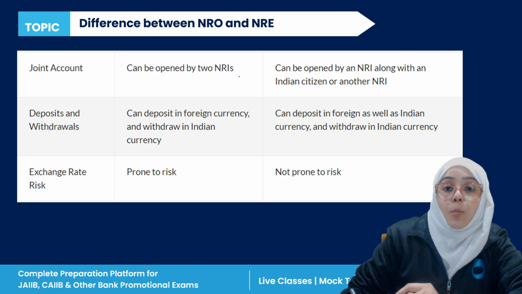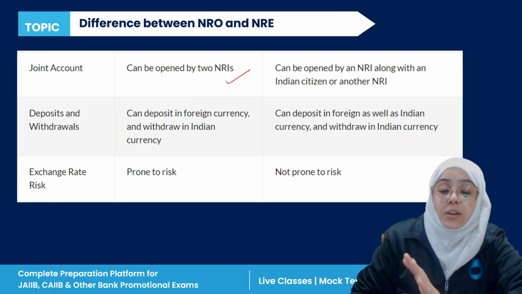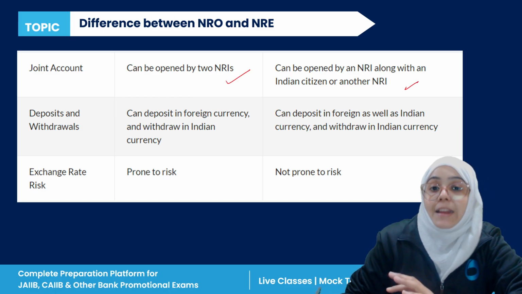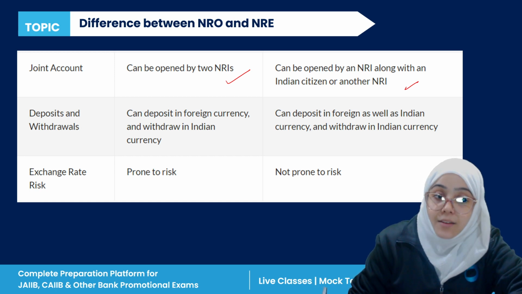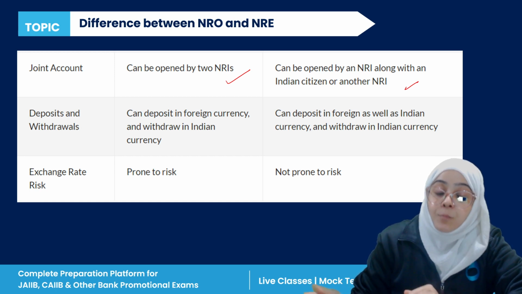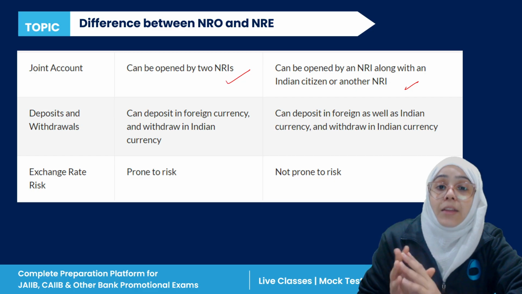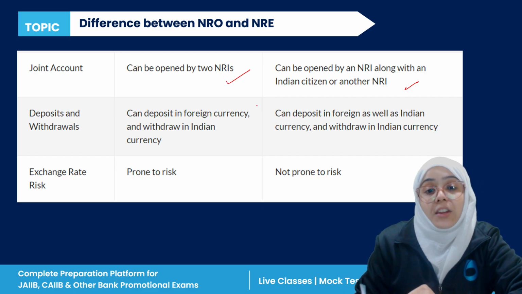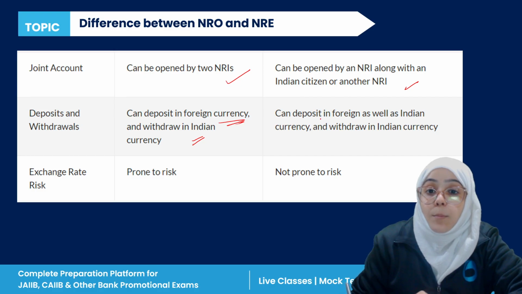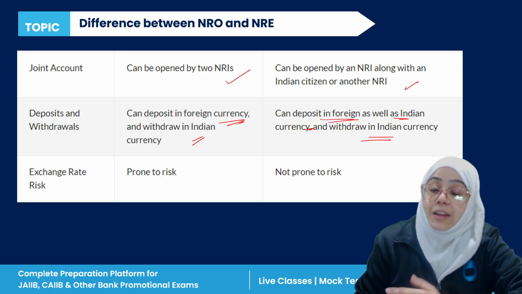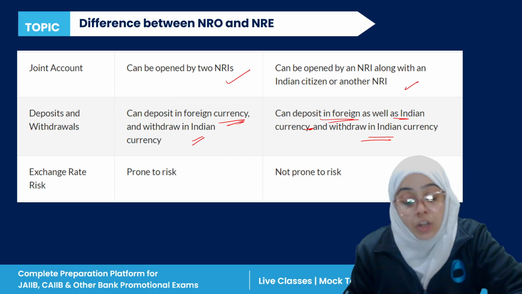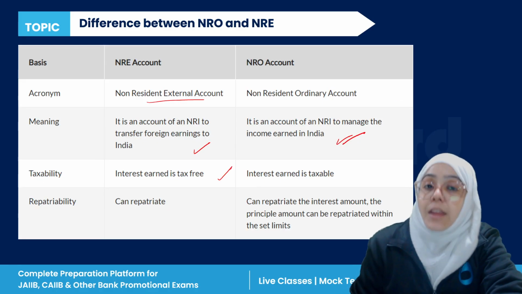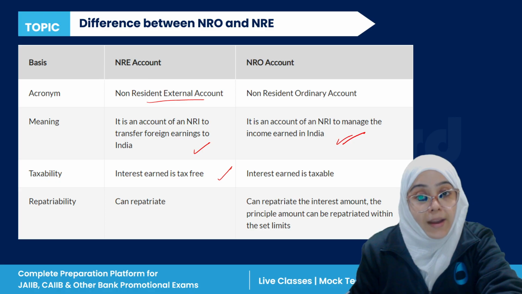Joint account in NRE can be opened by two NRIs, while in NRO the joint account can be opened by an NRI with an Indian citizen or another NRI, right? Deposits in an NRE account can be made in foreign currency and withdrawn in Indian currency. In NRO you can deposit in foreign as well as Indian currency, but withdrawal is done in Indian currency. So this is the difference between NRE and NRO account, right?